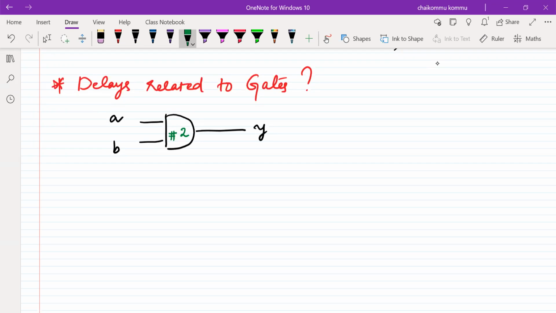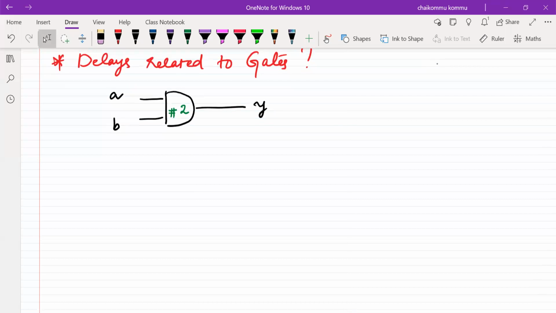Now what is the way that I can write? What is the syntax? How can the syntax be written? I can write and Y, and here I'm going to write #2, and I can start off using values y comma a comma b.